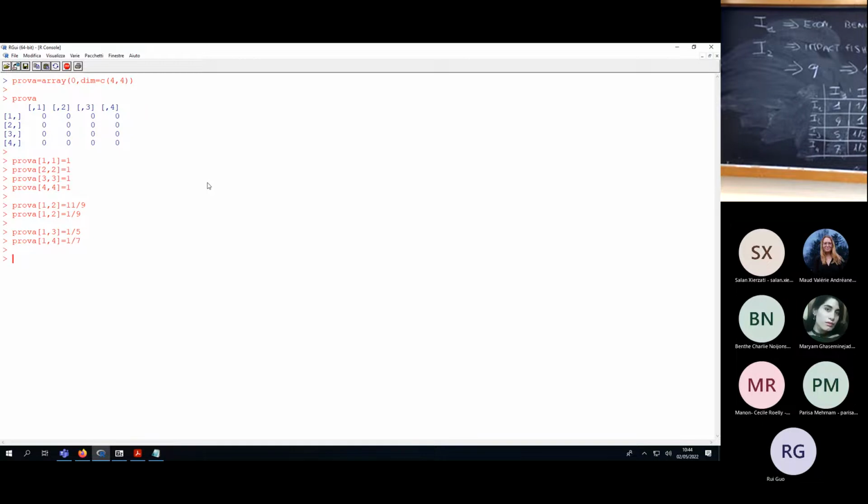Good. And now let's invert them. So it's prova 2 equal 9. Let me check, yes. And then prova 3 equal 5. And prova 4 equal 7. Are you following what I'm doing?